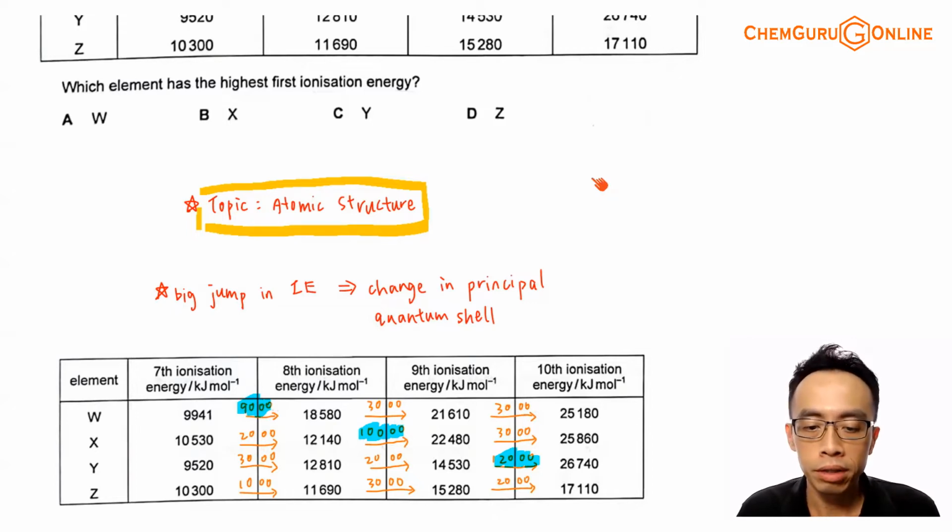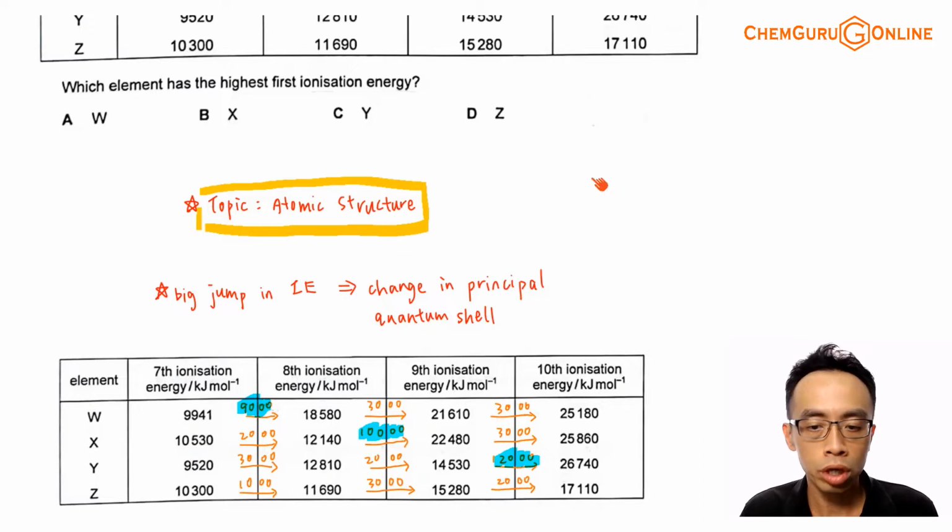When we have a successive ionization energy, we know that as I progressively remove more and more electrons, after the first electron, first IE, then the second IE, third IE, the ionization energy will always increase because the electrons are progressively getting closer and closer to the nucleus, and the attraction is stronger and stronger, so it requires more and more energy to remove.